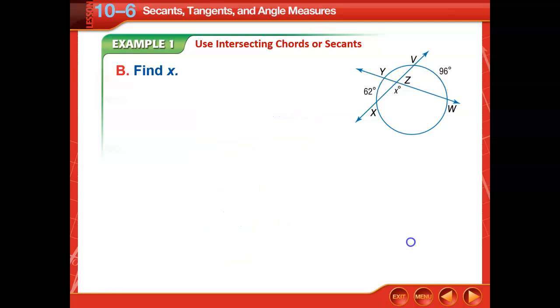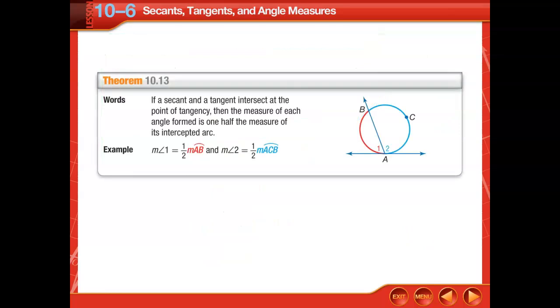So when the angle's inside, we add and take half of it. It's kind of the mean between the two. If the angle's on the circle, kind of like an inscribed angle, so here we see a secant and a tangent line, the angle formed between the secant and the tangent line is half of the arc, which is the same thing we saw when looking at inscribed angles.